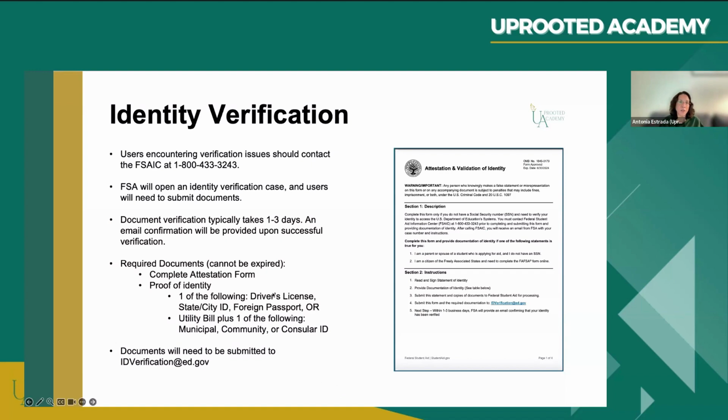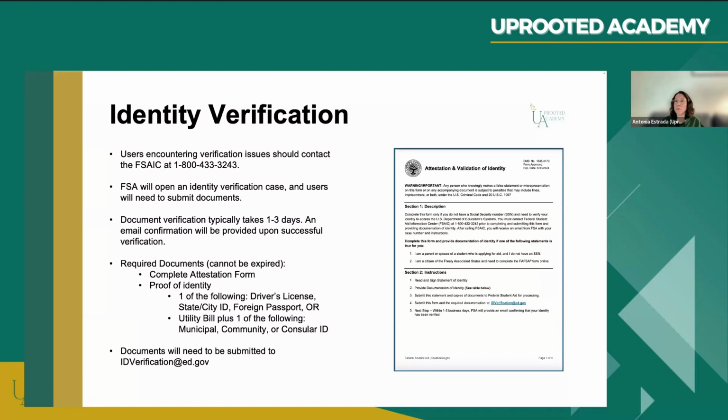And you see some of those acceptable documents to prove identity. Individuals will also be required to submit an attestation form along with their approved identity documentation. You see the first page of this form here. It's 4 pages long. This form is available on the studentaid.gov website, but we'll be sending you a link to this in a follow-up email.